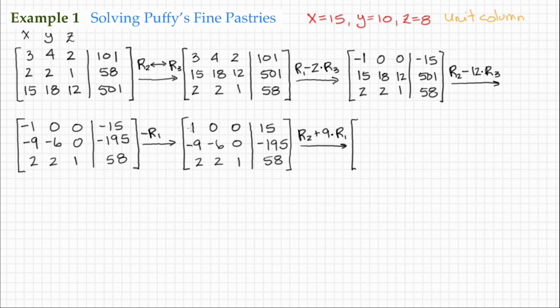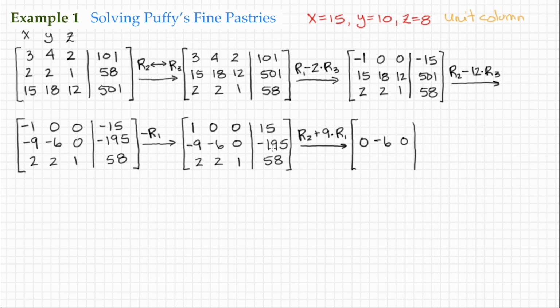So 1 times 9 is 9. Negative 9 plus 9 is 0. 0 and negative 6, this stays at negative 6. This stays at 0. Put in my vertical line. 15 times 9 is 135.